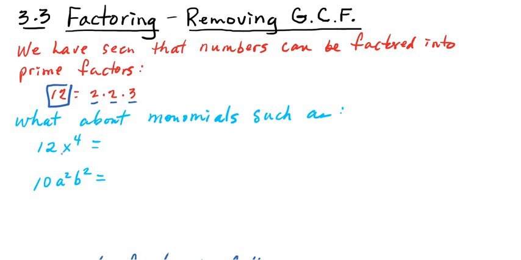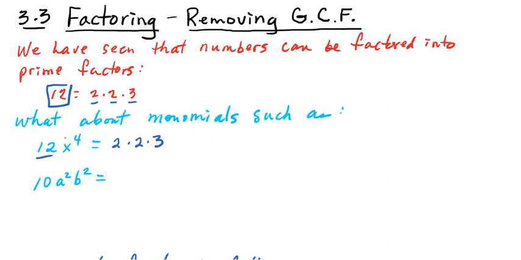Now can we completely factor this monomial into prime factors? Well, if you look at 12, it can be factored into 2 times 2 times 3, as we know. How can I break down x to the power of 4 into its prime factors?